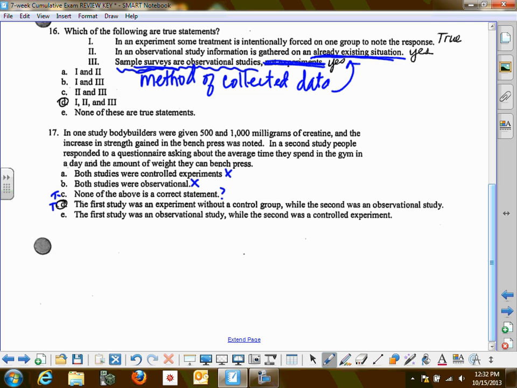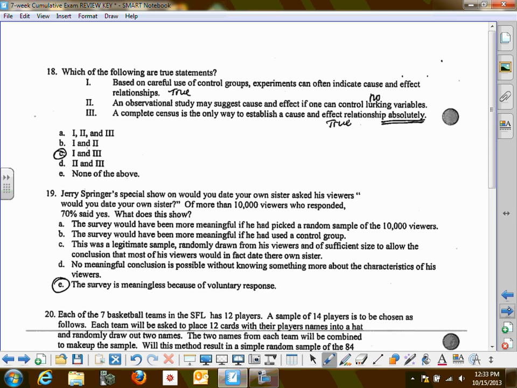And so the intent was that this was actually supposed to be the bottom one, saying that none of them are true. So sorry about that confusion on that problem. The answer is D, because the first was an experiment without a control and the second was an observational study. Okay? All right. Next. It is 1 and 3.